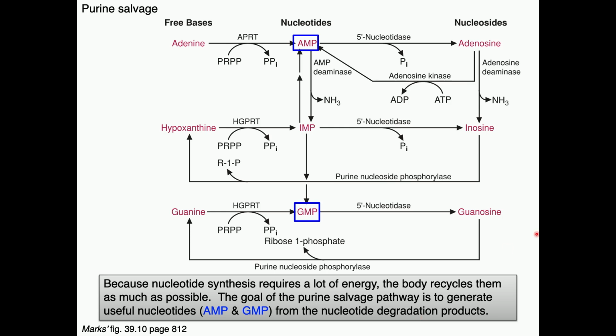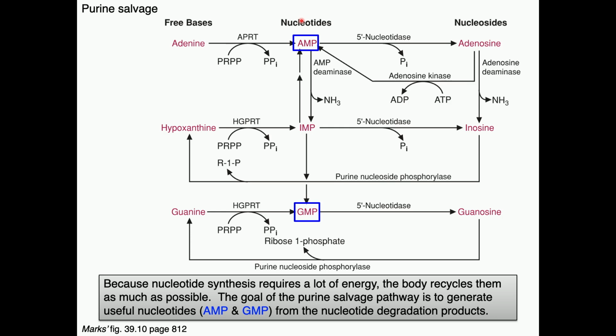So this again is one of these master diagrams that I think is useful to have open as you're reviewing this. I'll walk through how to read it, and then we'll look at some specific examples of it. Okay, so we've got bases over here, nucleosides over here, and nucleotides in the middle.